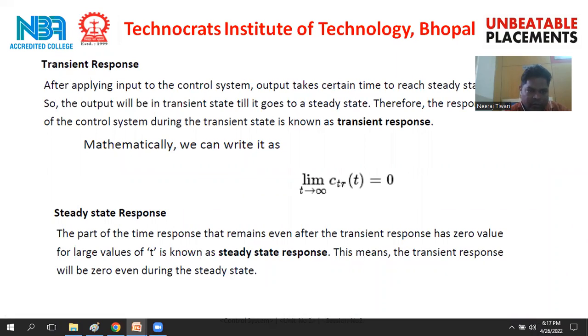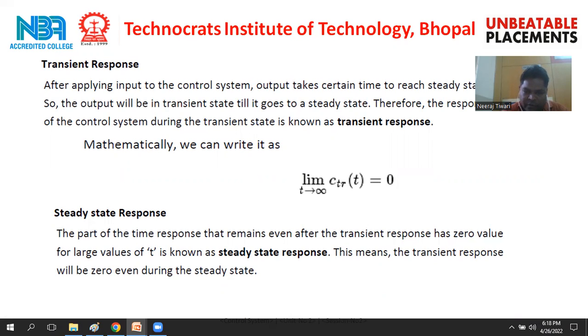So when we apply the input, the output takes a certain time to reach the steady state output. The output will be in the transient state till it goes to a steady state. The mathematical expression is: the limit as t tends to infinity of c_t(t) is equal to 0.